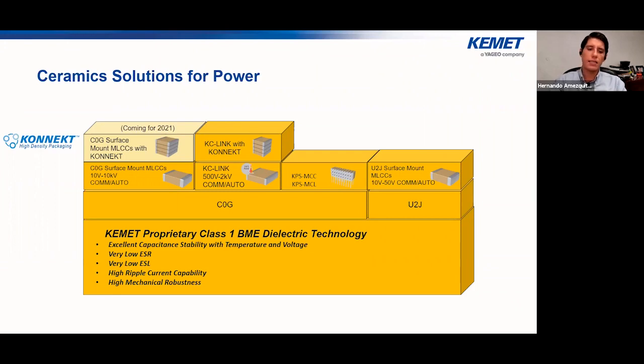So we have KC Link with Connect, and also U2J with Connect. This is a high density packaging technology that helps us have much more capacitance, but it's not only about that. We are going to talk a little bit more about this in a few slides.